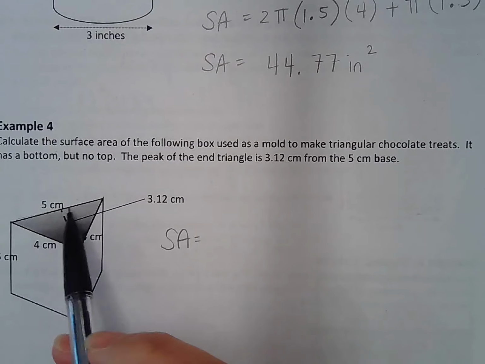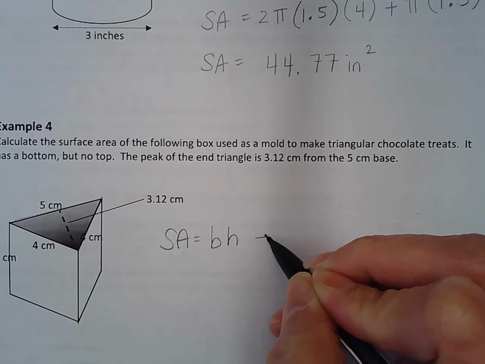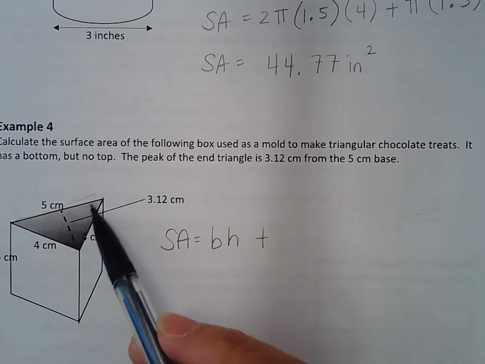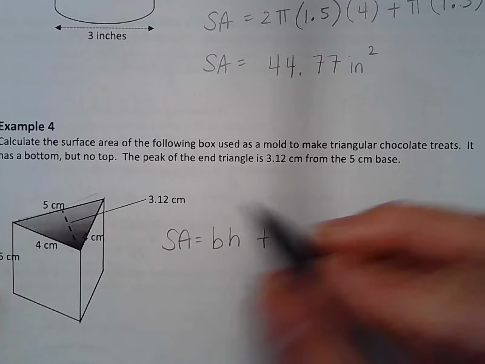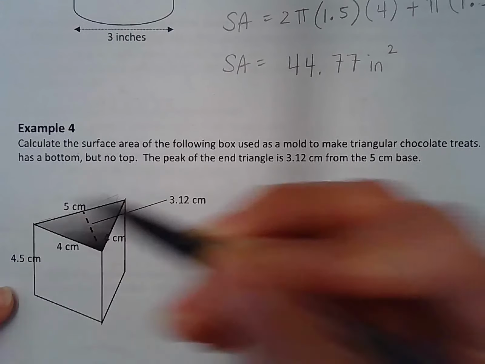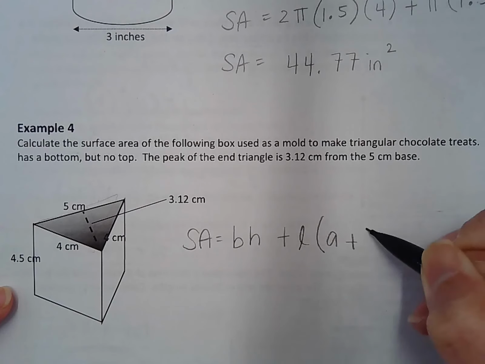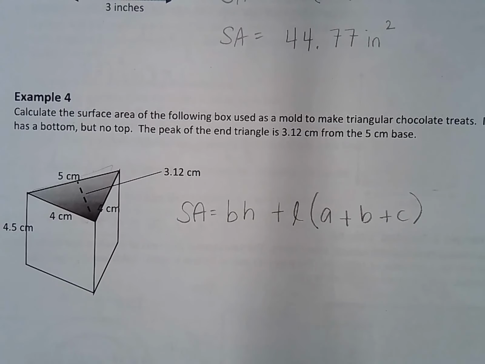So base times height plus the length. This is the length here, times A plus B plus C. Okay, so this is the full formula. So which one can we take out?